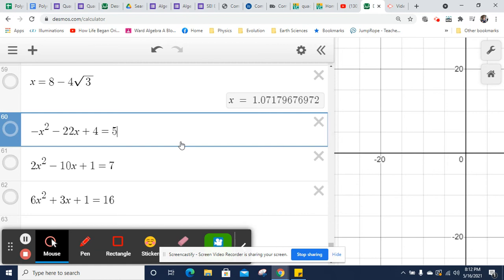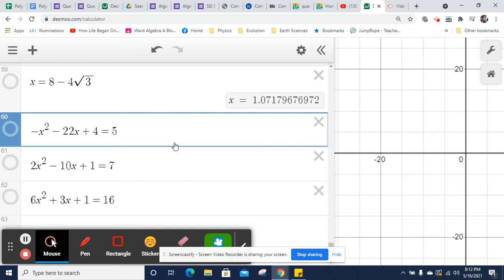And then step 2 is add the square of half the x coefficient to both sides, and then factor the left side, and then get the square root of both sides, and finally simplify the square root if possible, and solve for x.